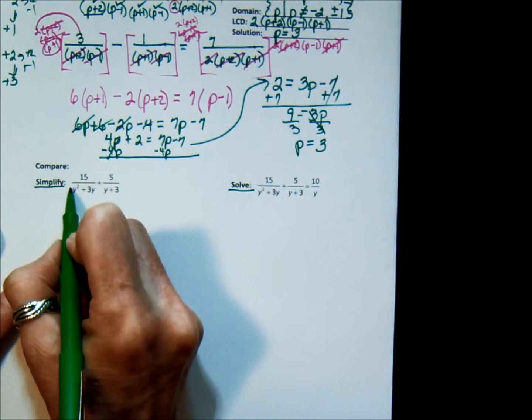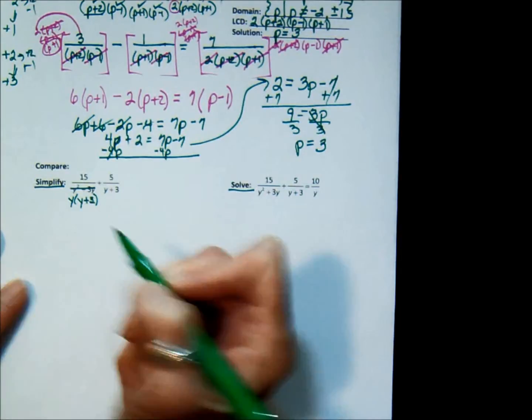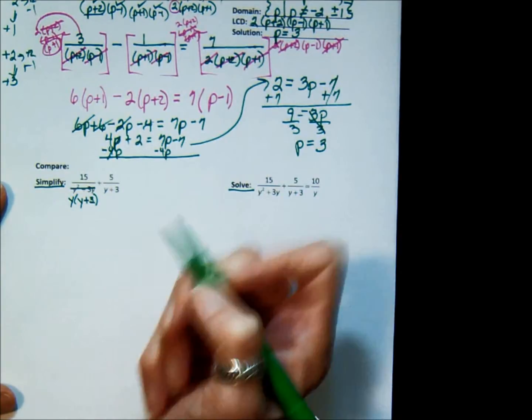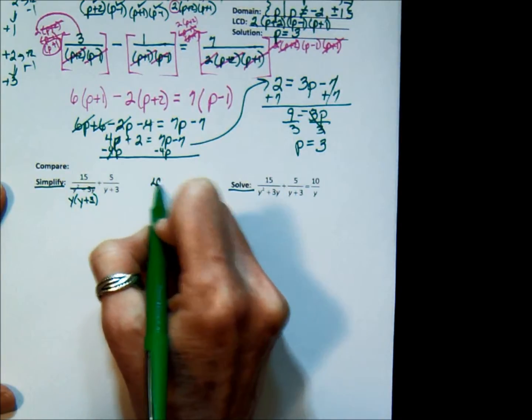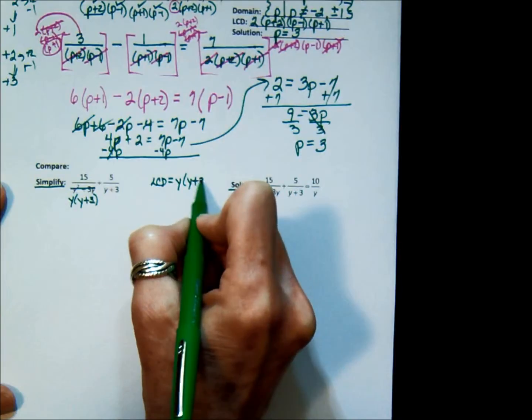I need to factor this denominator in order to tell what my LCD is. So in this case, my LCD is going to be y times y plus 3.